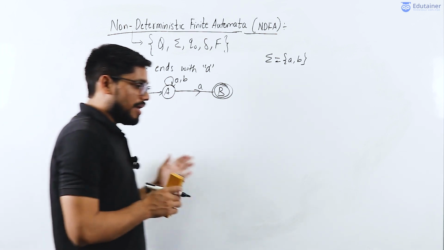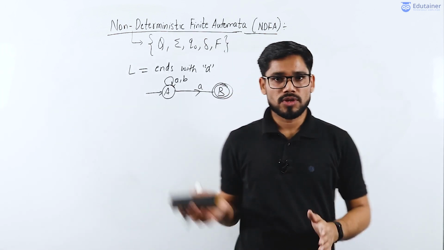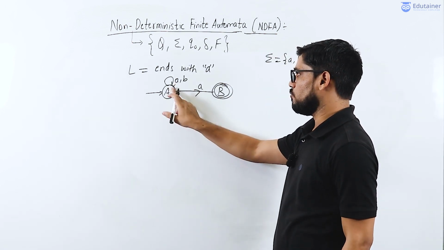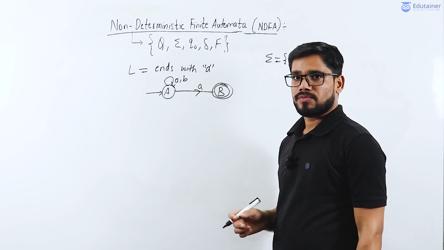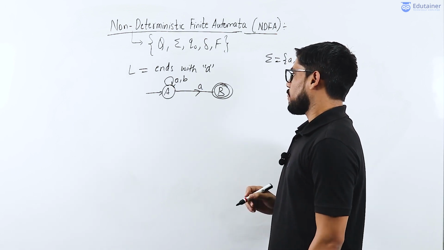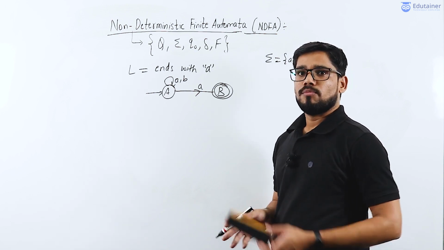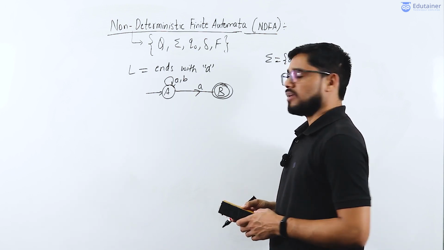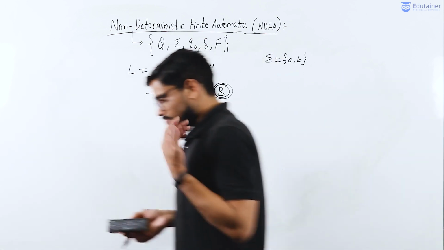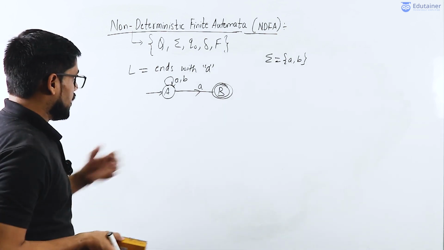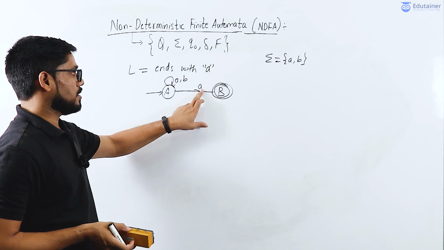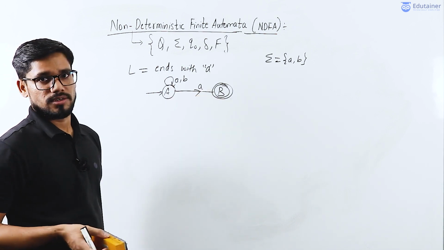So this is the main difference coming with the non-deterministic machine. A non-deterministic machine can take any number of moves for a given input. On capital B, there are no moves for input alphabet A or B, because it does not bother much. The main concern here is the string which always ends with A, and for a string that ends with A, I will go to the final state.